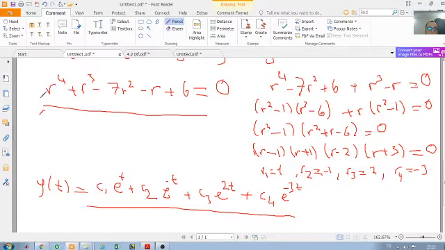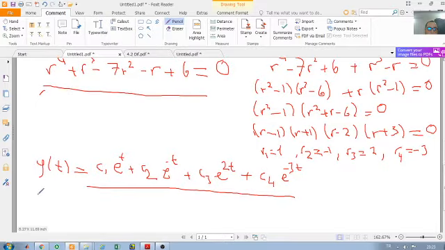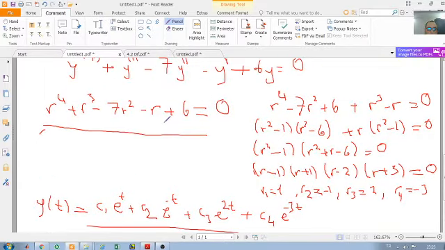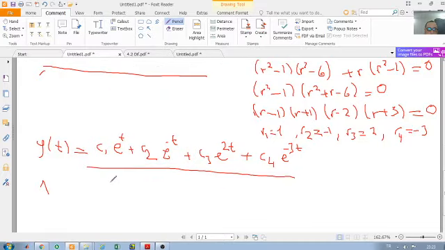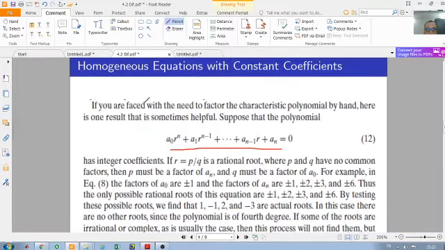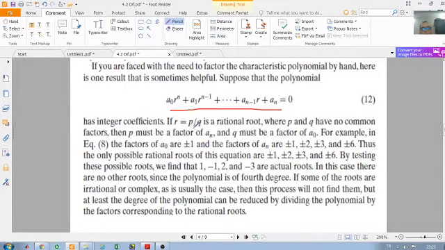Therefore, we find the coefficient of r to the power 4, which is equal to 1. And we consider the constant, which is 6. And then we find r, which is p over q, a rational root, where p and q have no common factors, then p must be a factor of a_n and q must be a factor of a_0.